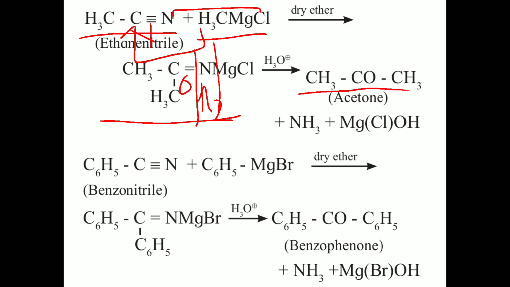Then it again undergoes the second hydrolysis reaction, here there is 1H, here we get the OH, that means NH2 plus 1H 3H3, that is NH3, which is nothing but ammonia, and then MgCl OH.